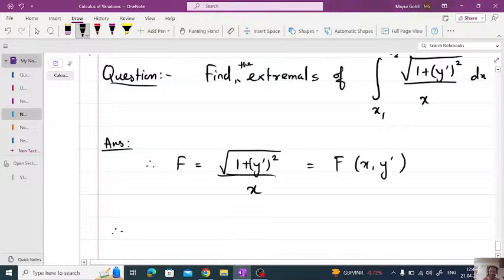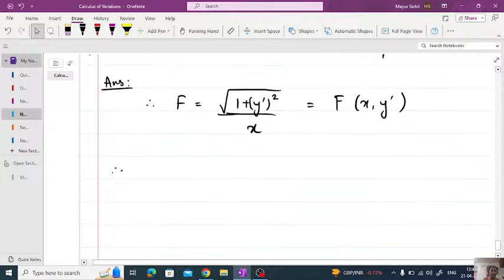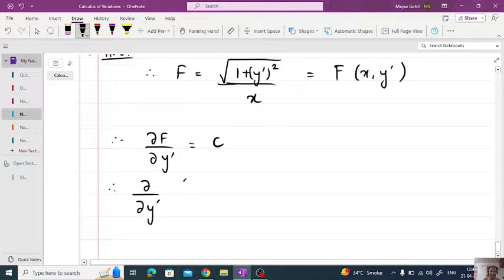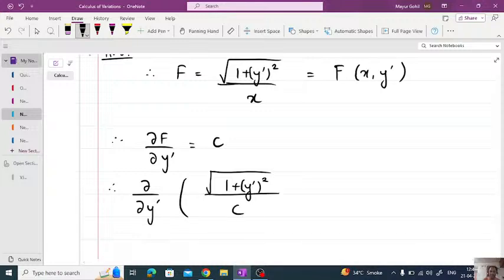Therefore we have dabba f by dabba y dash is equal to c. Now we will do the derivative here. So taking the derivative dabba by dabba y dash of square root of 1 plus y dash the whole square over x is equal to c.